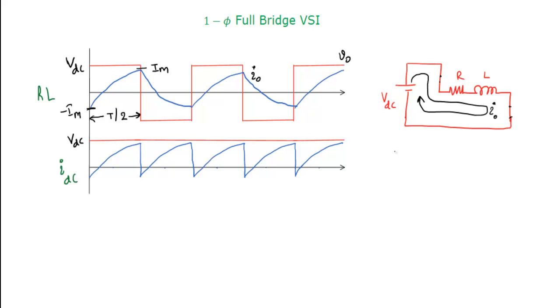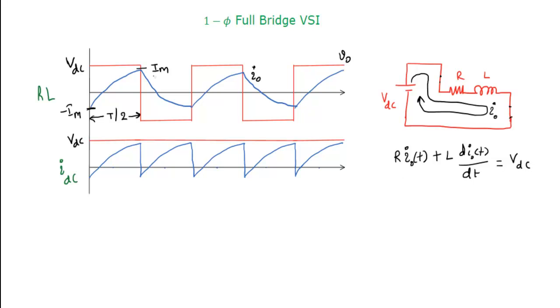What is the KVL equation? The voltage drop across the resistor, I0 of t, plus the inductor voltage, L into dI0 of t by dt, equals VDC.